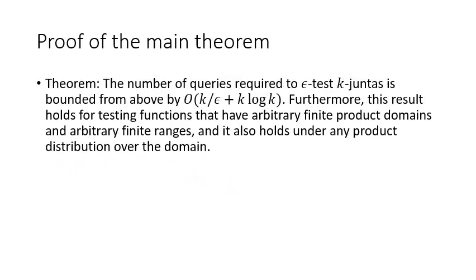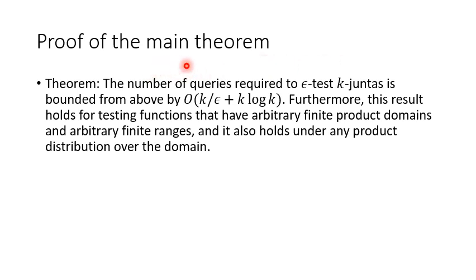Now we'll see and prove the main theorem of the paper that justifies the correctness of the algorithm. It states that the number of queries required to epsilon test k-juntas is bounded from above by O of k over epsilon plus k log k queries. That is the number of queries that the previous algorithm will make to the function. I'll just note that epsilon testing k-juntas means we need to accept k-juntas and reject functions that are epsilon far from being k-juntas.